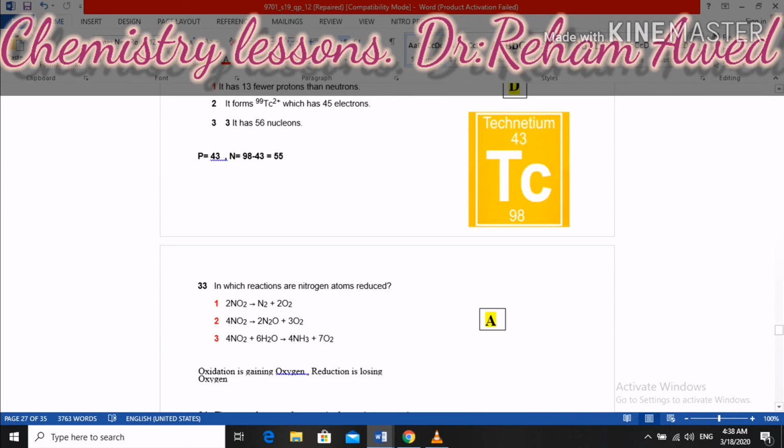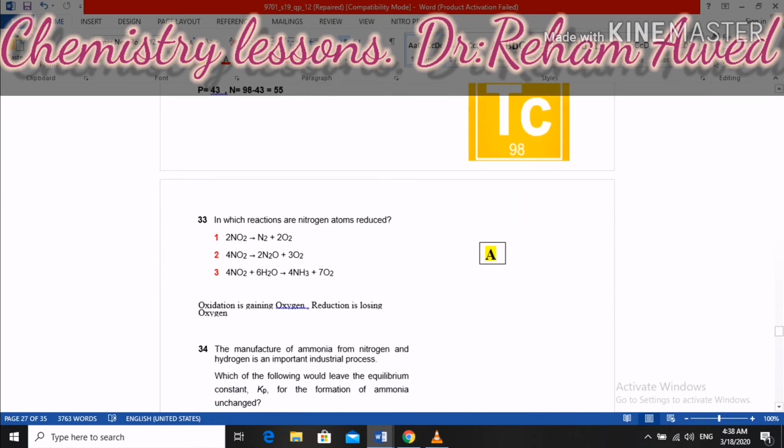Question number 33. In which reaction are nitrogen atoms reduced? At first, reduction reaction means removing oxygen, means adding hydrogen, means reduction is the change in oxidation state.